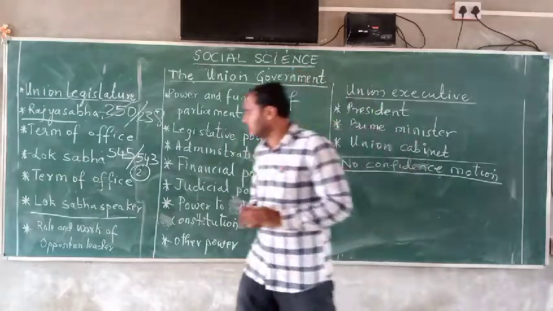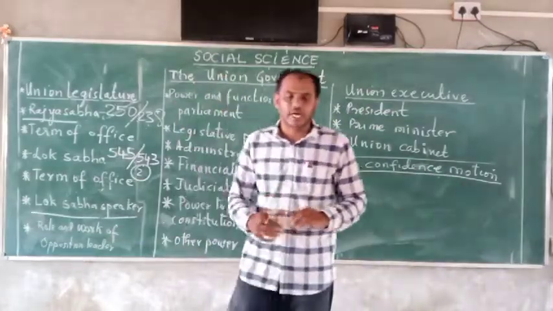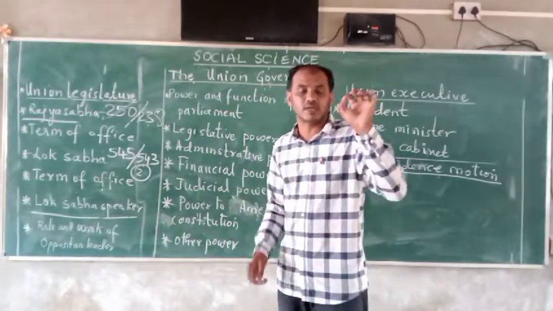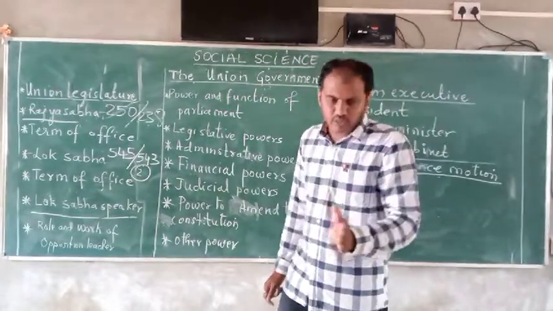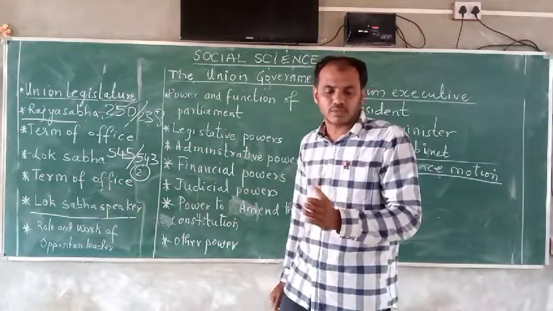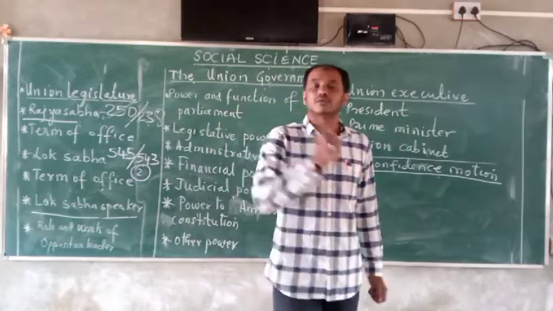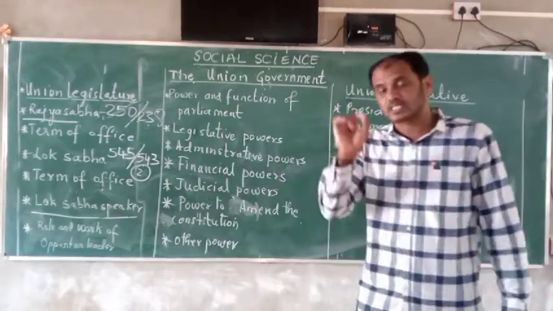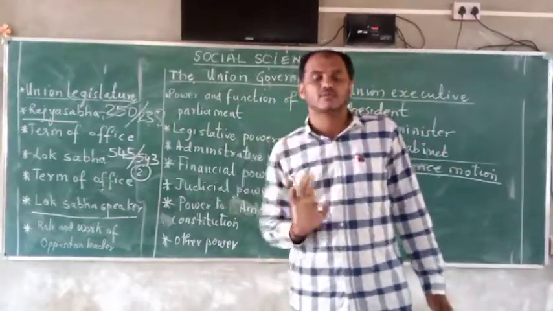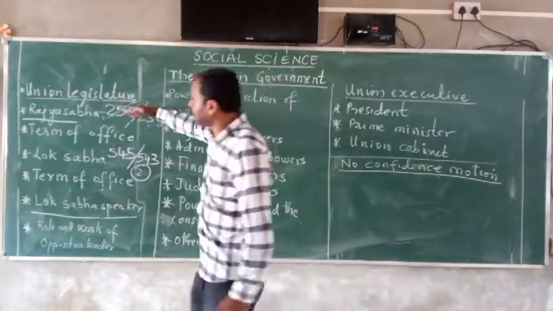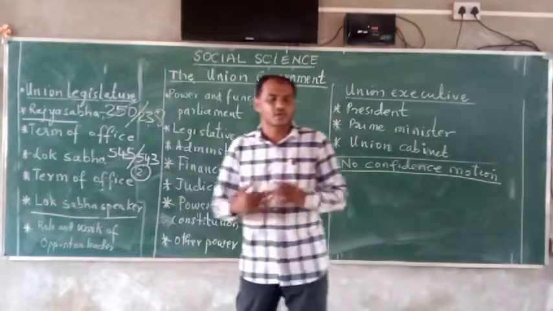So this is the work of the opposition party leader. The opposition party leader has a respectable position in the legislature. So this is regarding the Rajya Sabha and Lok Sabha.